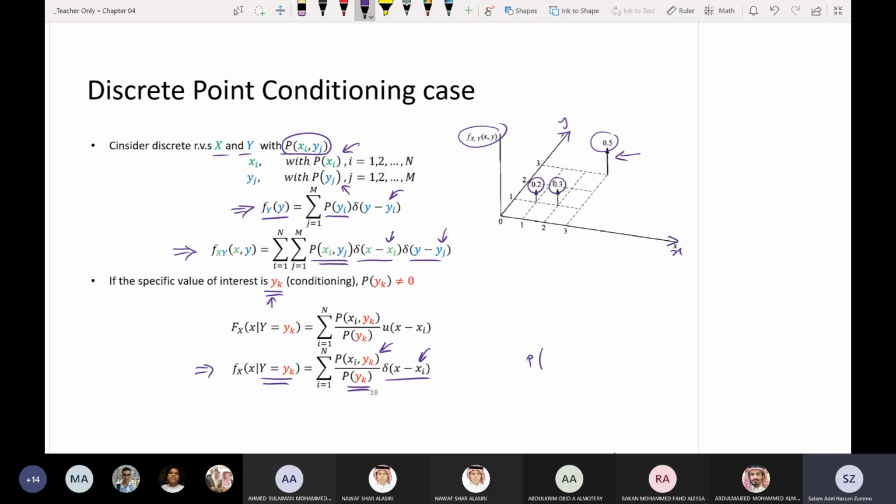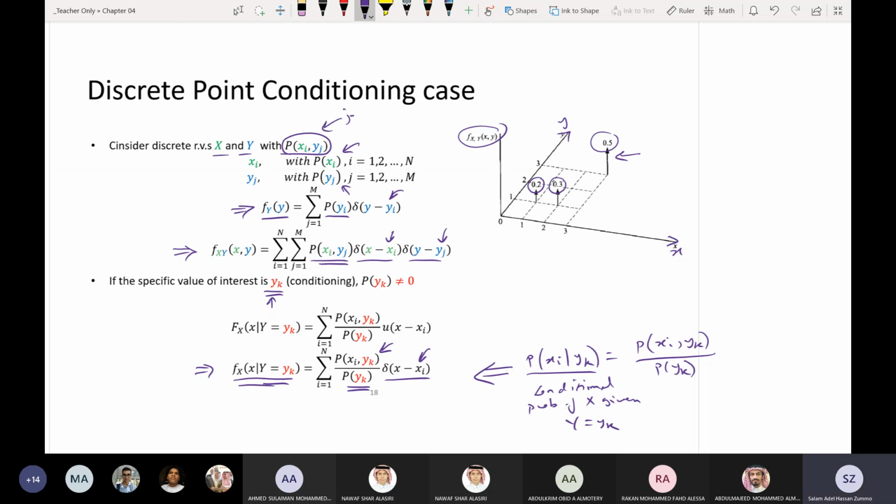Simply, this comes from the fact that the probability of xi given yk equals the probability of xi, yk divided by the probability of yk. From here, I get the PDF of x. These are the conditional probabilities of x given y equal yk. So if I have all these probabilities, then I get basically the conditional PDF.